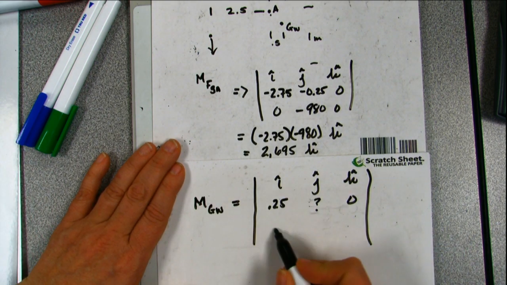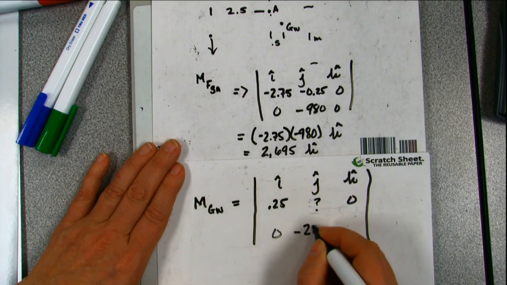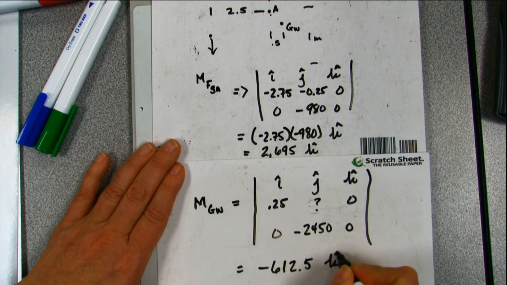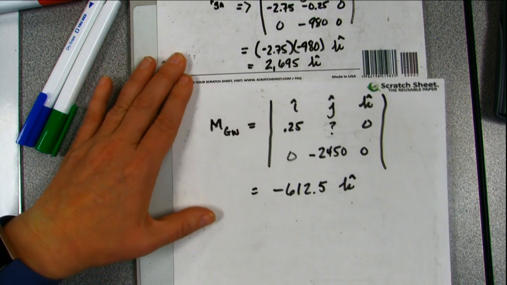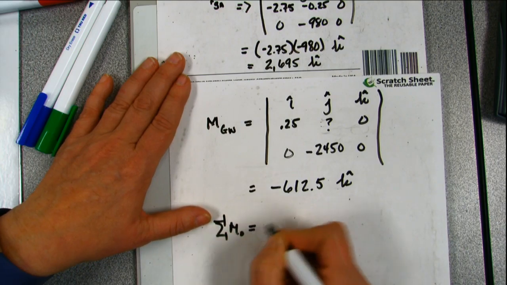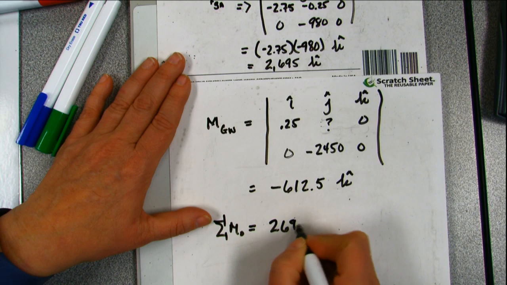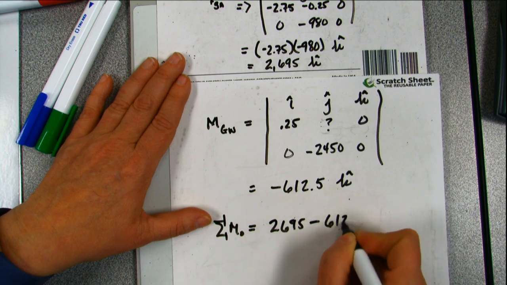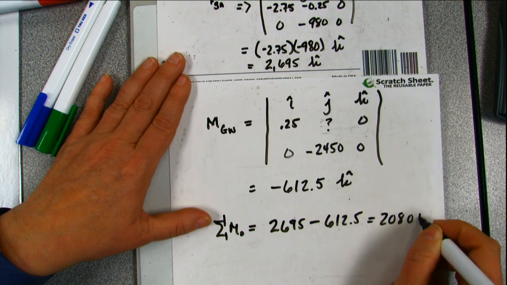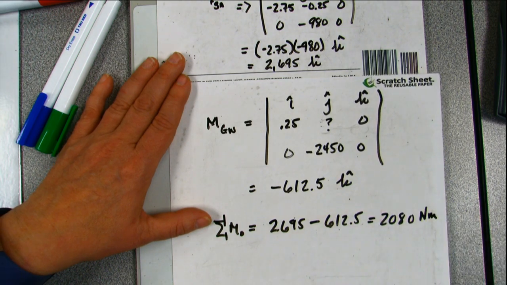Negative 2450. So that gives me negative 612.5 in the K direction. So I got the two moments. The sum of the moments is going to be 2695 minus 612.5 equals 2082.5 newton meters.